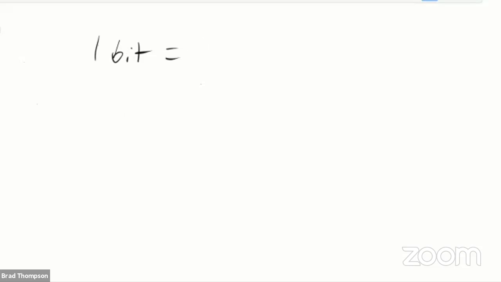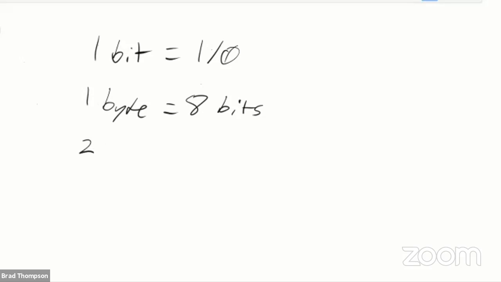A bit is a 1 or 0. A byte equals 8 bits. It also means 2 bytes is 16 bits.